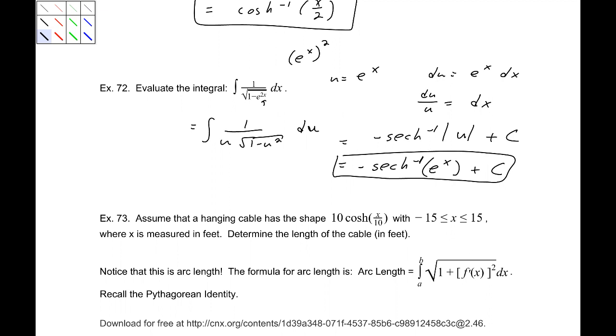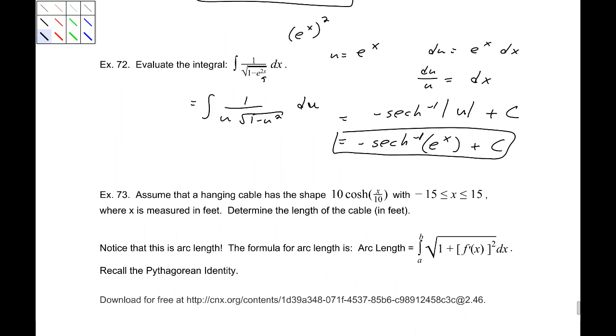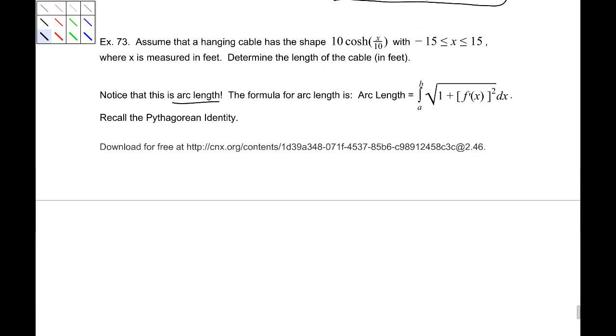A hanging cable, like the ones you see in line at the movies, actually follows this pattern. Now we're being asked to determine the length of the cable in feet. This is just arc length, so we can use our arc length formula from 2.4 and then the Pythagorean identity to work this out very nicely. Alright, let's go get some space.